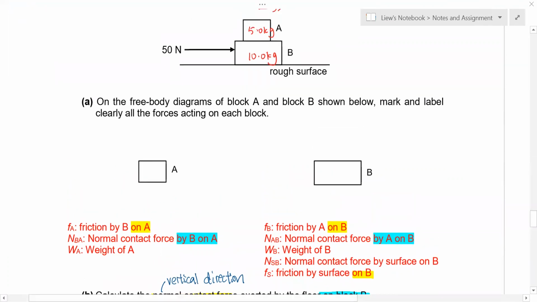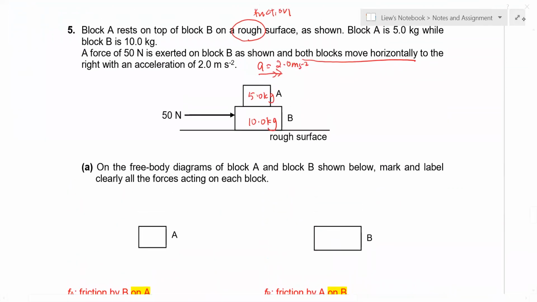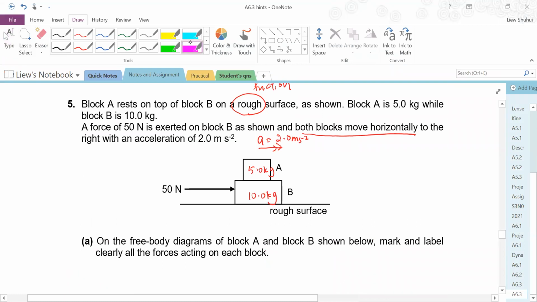Since A is in contact with B and A moves along with B, there should be friction between A and B. If there's no friction, A would slide off B when B moves.